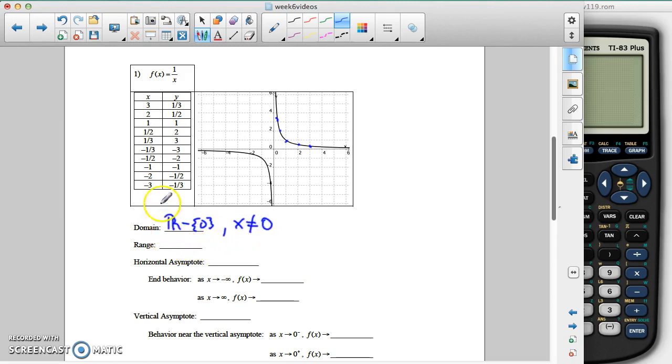And our range is how high and low it goes. It looks like this goes down forever, and goes up to this value here, and it kind of skips over that value and keeps going up. As we travel left, it goes down, jumps over, goes down.